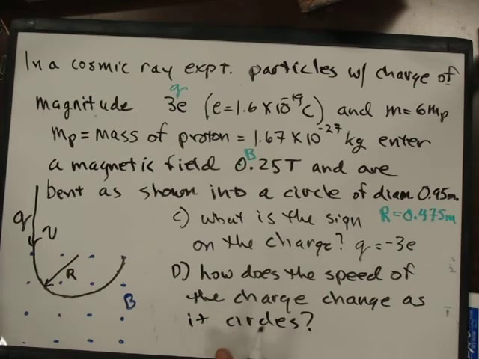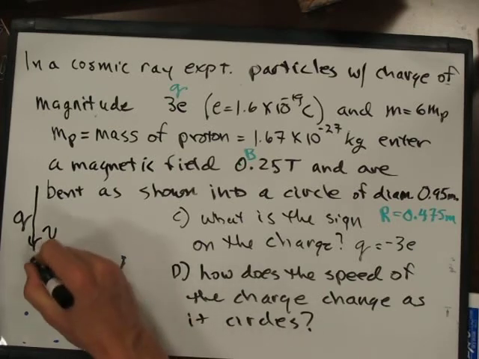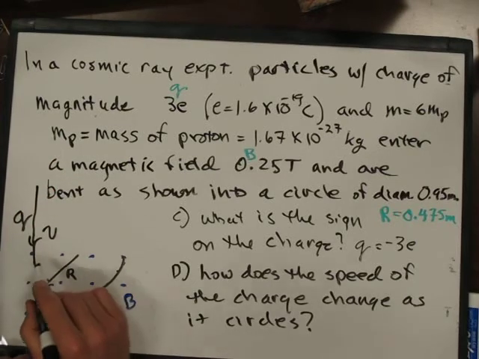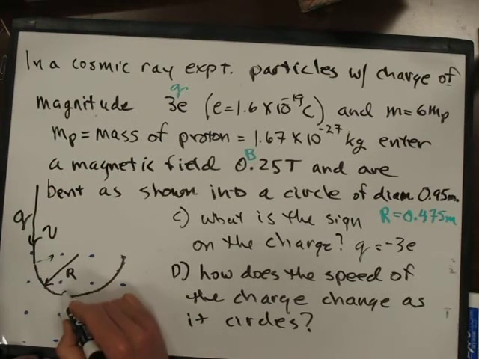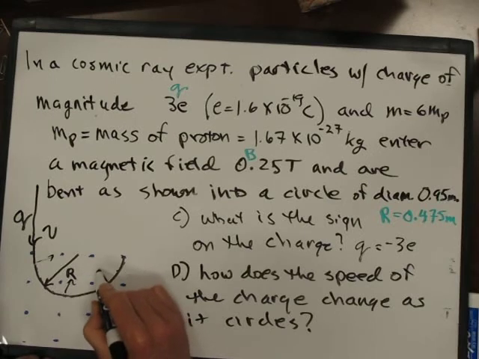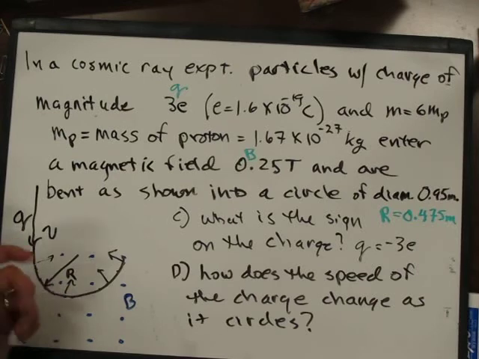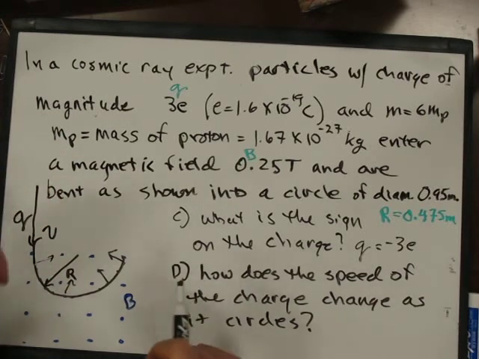The last one is, how does the speed of the charge change as it moves through this circle? See if you can guess the answer, pause it or something. The force is always perpendicular to the velocity. That's how this magnetic field force works. At least when the magnetic field and the velocity are perpendicular, the force comes out perpendicular.